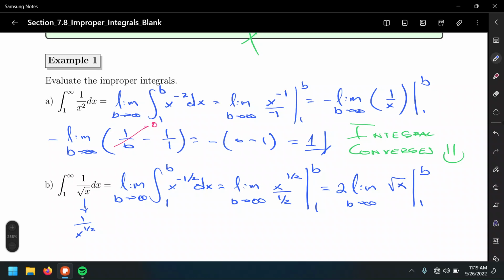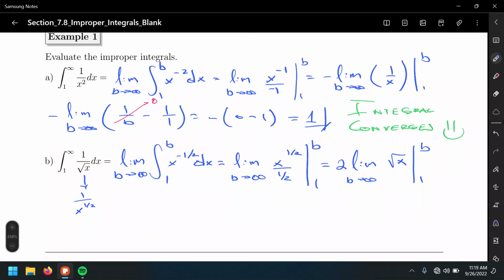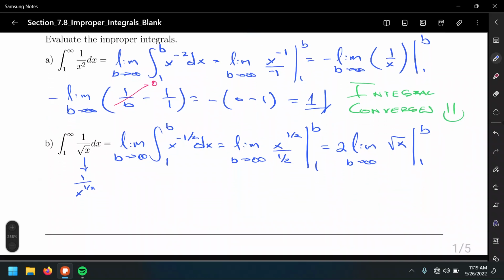Alright, so the rest of the problem: number one is the fundamental theorem of calculus, that is f of upper limit minus f of lower limit. And so that's the square root of b minus the square root of 1.